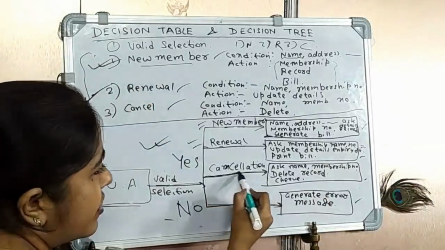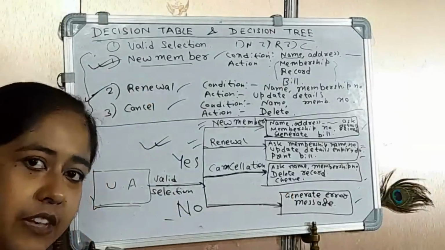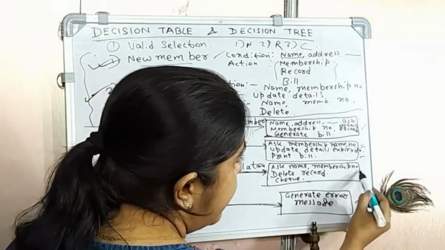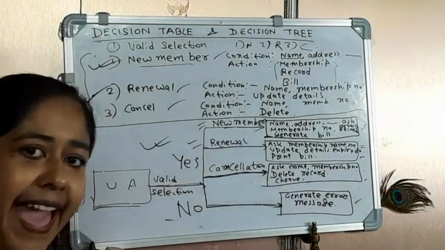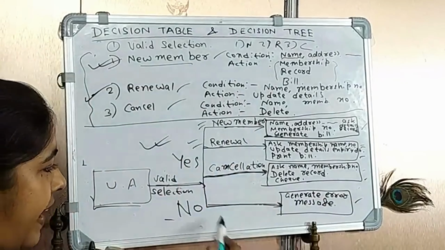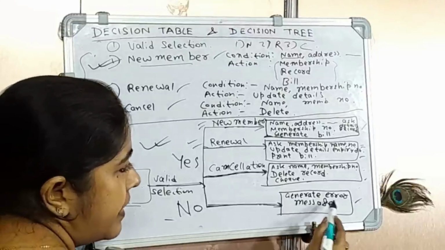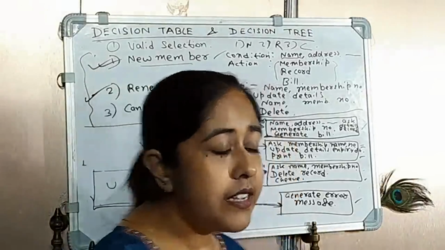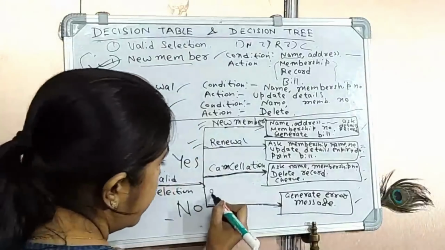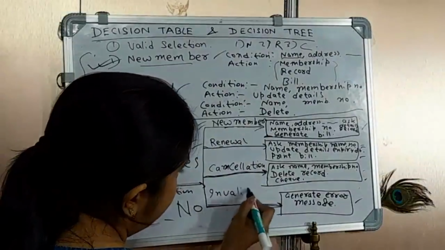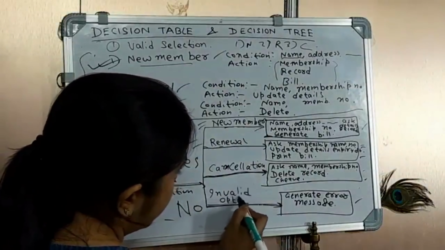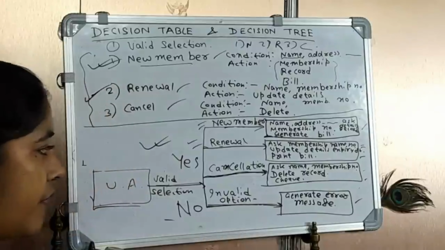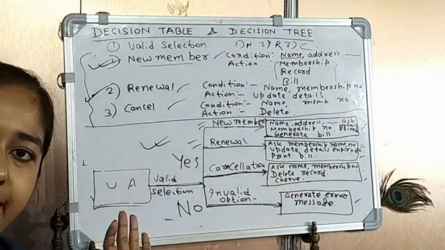Again, cancellation is our condition, with its leaf node for the particular action. And last, no: if no, then they will generate an error message for an invalid option. Here you will write invalid option. This is our condition and this will be our action.